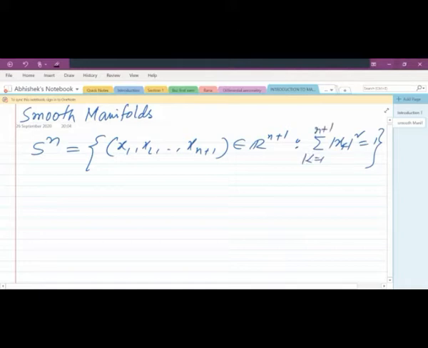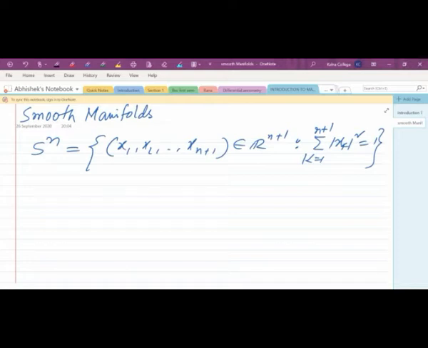The way we constructed the charts in the example of S1, you can use the stereographic projection and provide coordinate charts for Sn also.